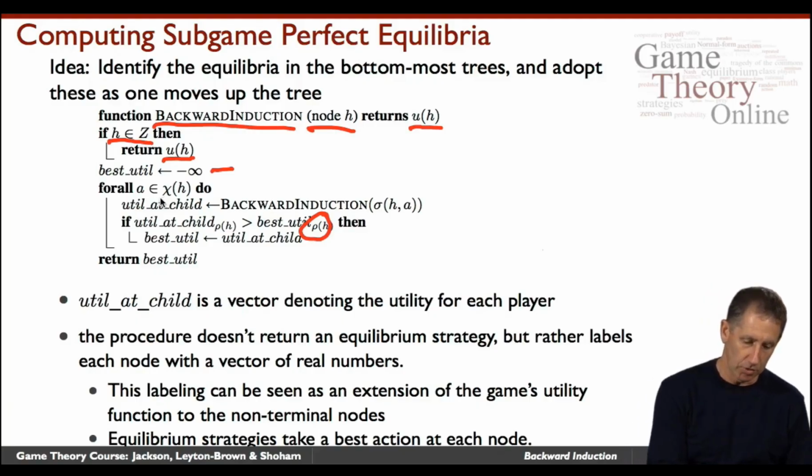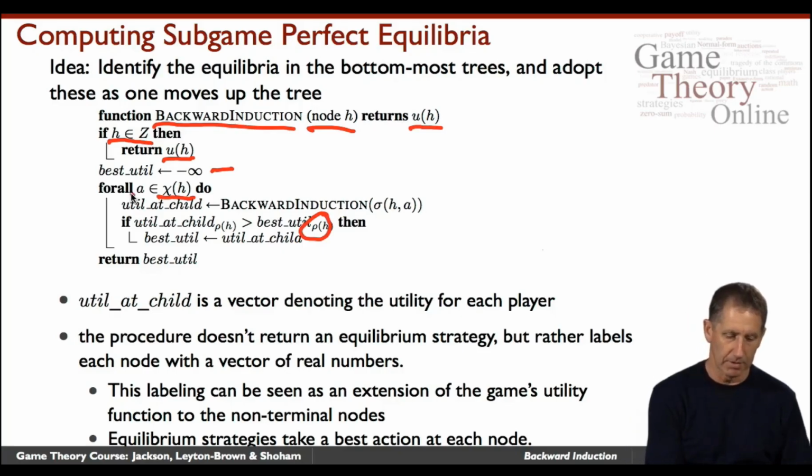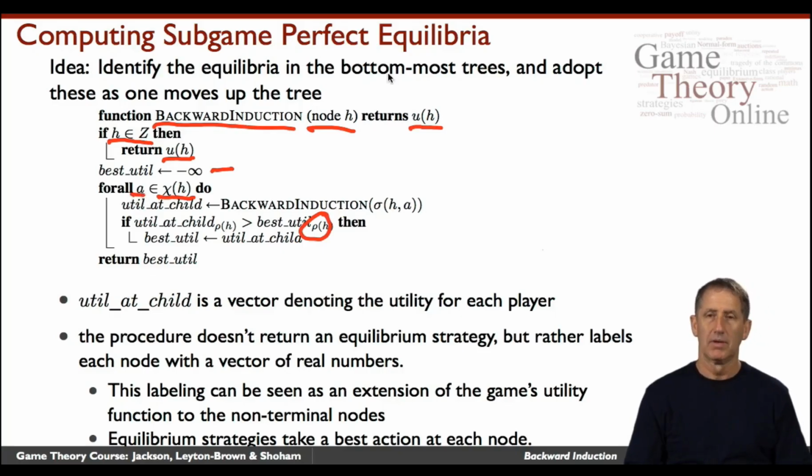And then we do the following. We will look at all the actions available at that node. So chi of H is the set of all actions available at that node. A would be an example of such an action. So we'll take each action in turn, one at a time, and do the following.